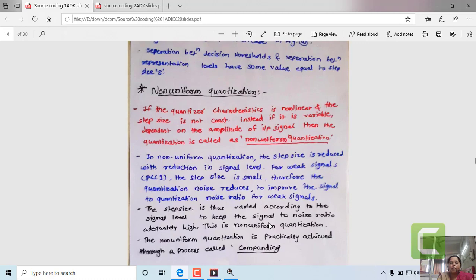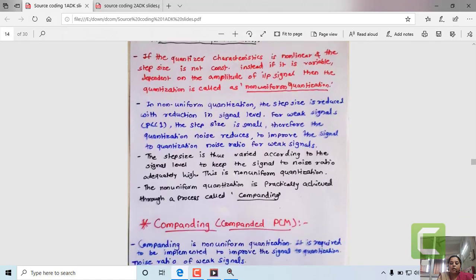And this proper maintenance of SNR is the major task of non-uniform quantization. And the best process depicting non-uniform quantization is the compounding process. So what is meant by compounding?